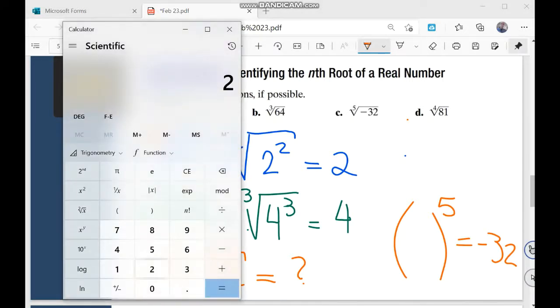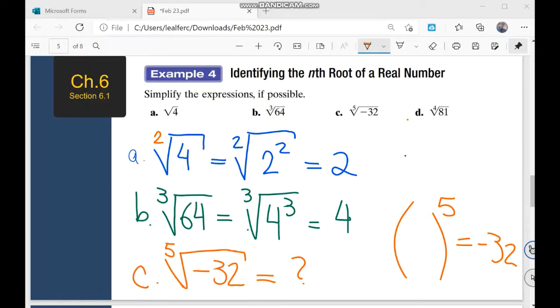If we try 2 to the exponent 5, 2 to the fifth is 32. Maybe we can try negative 2. So negative 2 to the power of 5.